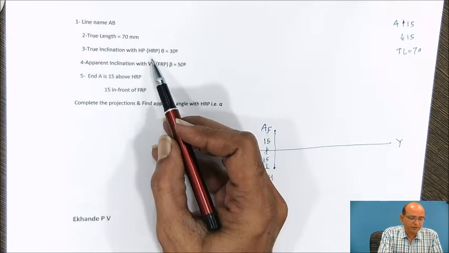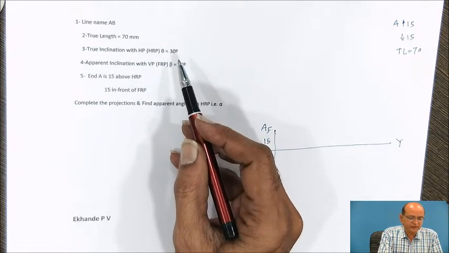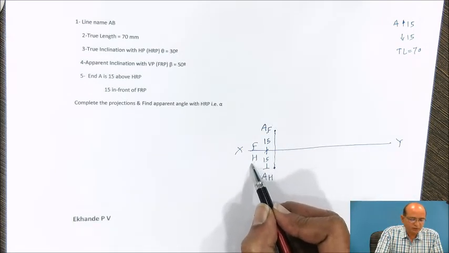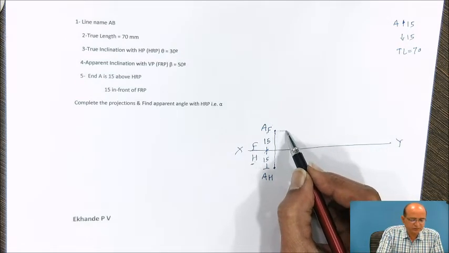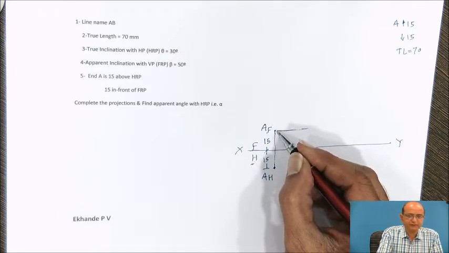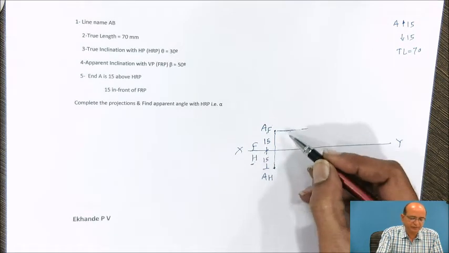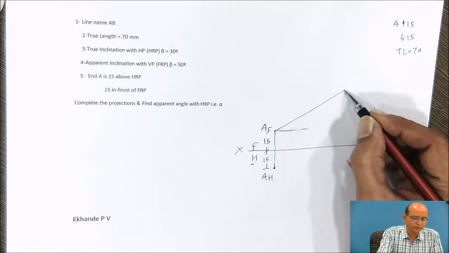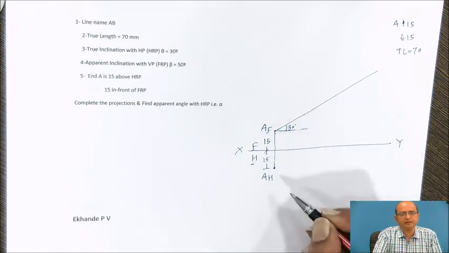So we'll draw the line in the front view, making a 30 degrees angle opposite to H. To complete that, first we'll draw a horizontal line over here, so that we can complete the 30 degrees angle with respect to this horizontal line. That angle is the angle made by the line with HRP. So here we'll have the drawing of the 30 degrees angle line.